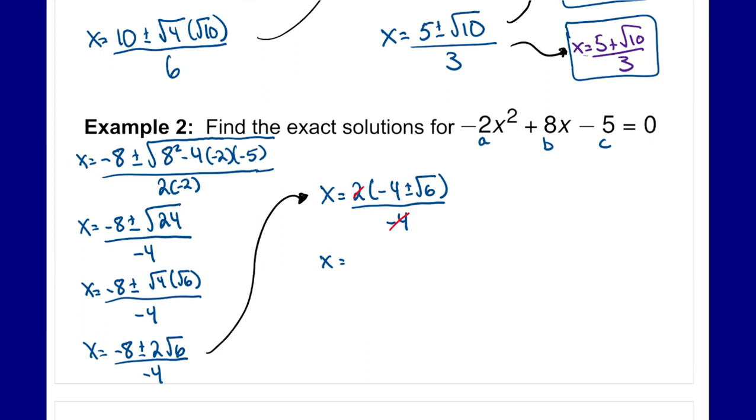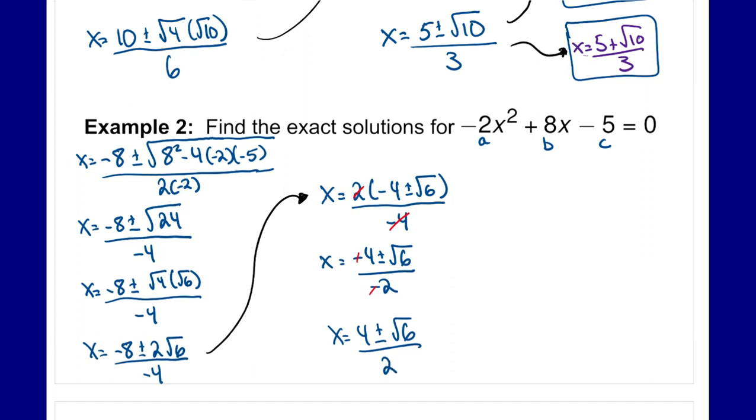X is equal to negative 4 plus or minus root 6 divided by negative 2. You can actually cancel out the two negatives as well. So x is equal to 4 plus or minus root 6 divided by 2.